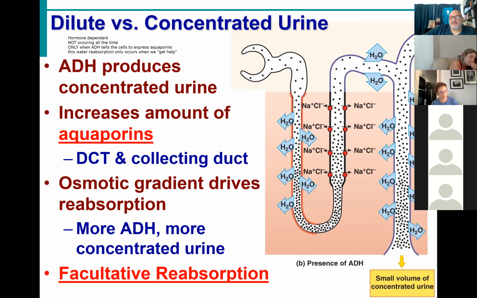Water doesn't have a choice. It has to occur, and that obligatory water reabsorption occurs in the proximal convoluted tubule. Notice this type of water reabsorption occurs only in the presence of antidiuretic hormone, so only when it gets that help, and it occurs in the distal convoluted tubule and the collecting duct.